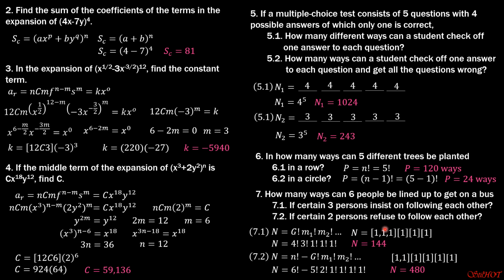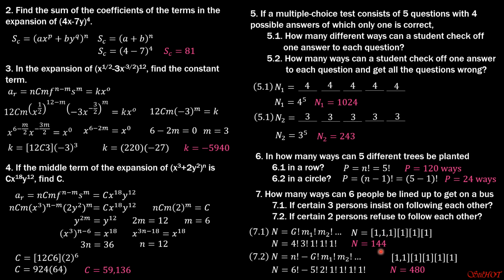So let's group them, and the number of ways where they belong to one group should be subtracted from 6 factorial. That makes sense because they are in one group. So it is opposite to when they refuse to follow each other, right?